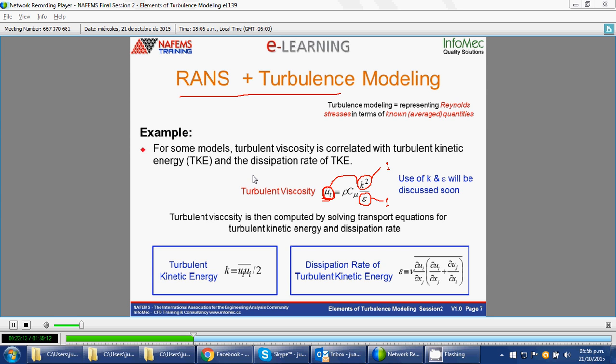So one way is to have two additional partial differential equations, one for k, one for epsilon. So two additional PDEs are needed in this case. And because we need two additional PDEs, one for k and one for epsilon, we call this a two equation model.